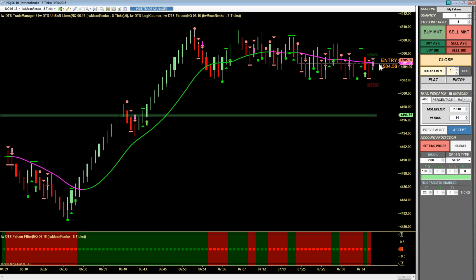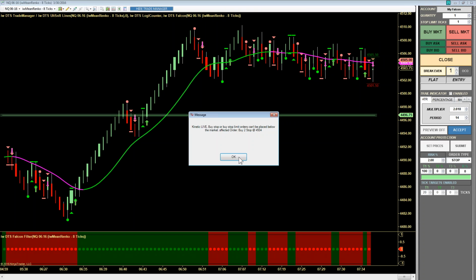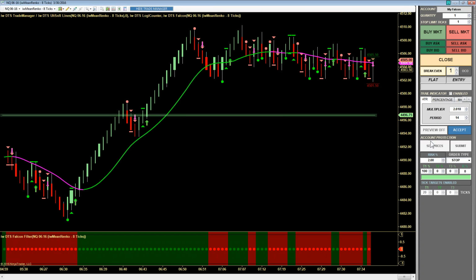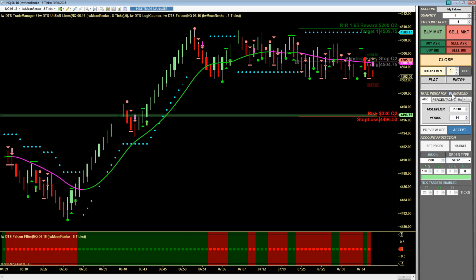If I want to throw in a buy signal, and let's say I want to buy the market, oops, let's try that again. Am I on a stop? Yeah, I'm on a stop. If I want to buy this, yeah, of course, the market will let me buy it. In fact, let me do this here on a market order.